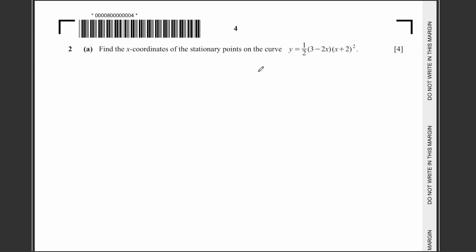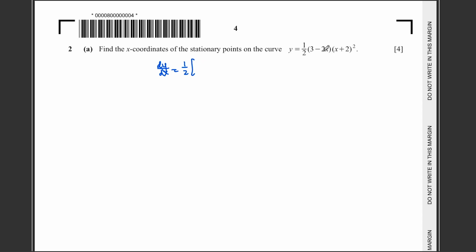Next, find the x coordinates of the stationary point on the curve. This curve is a cubic polynomial, and it presents itself as a product. So either you can expand it out or you can use the product rule. In this case, I'm going to use the product rule because it's easier for me. This coefficient here is a constant, so I'm just going to leave it out there.